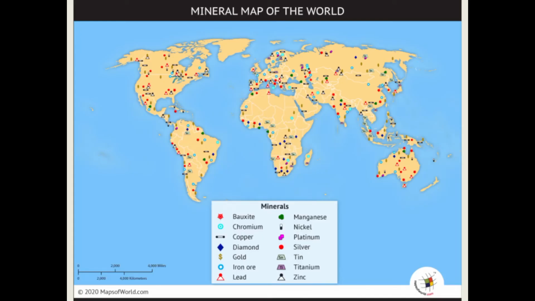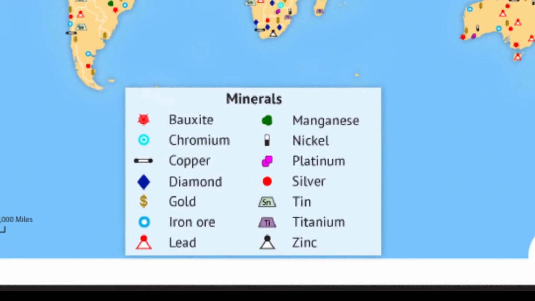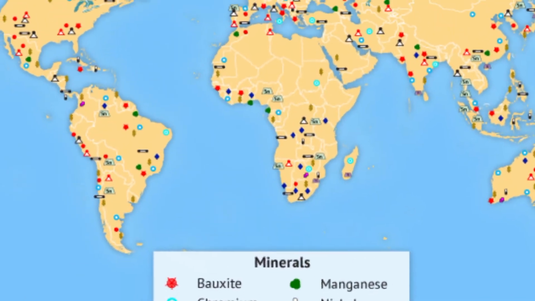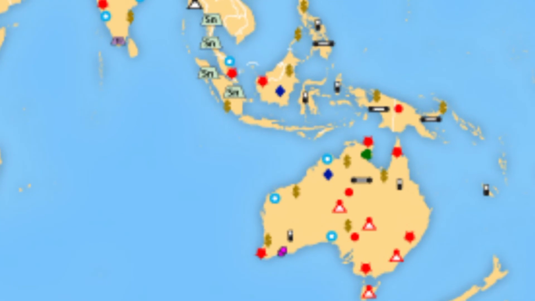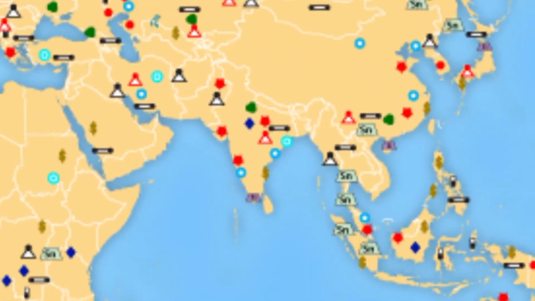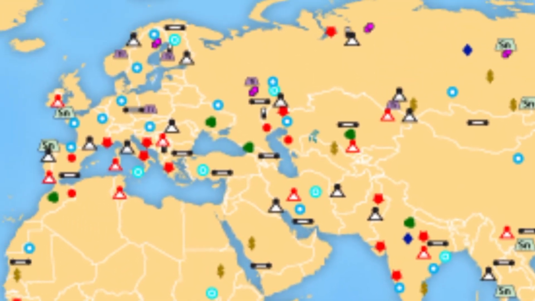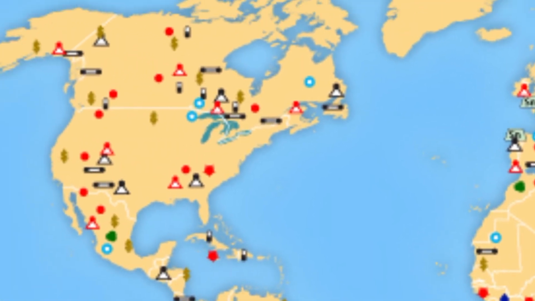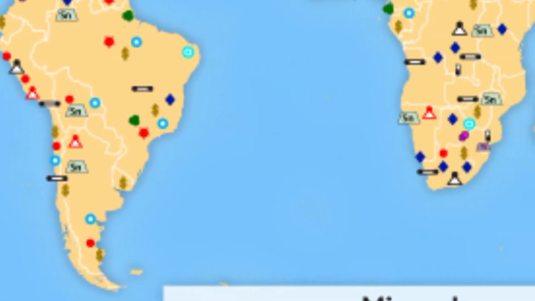This is the world distribution of minerals: bauxite, chromium, copper, diamond, gold, iron ore, lead, manganese, nickel, etc. Distribution: Africa, Australia, island groups, India, Asia, Europe, North America, and South America.